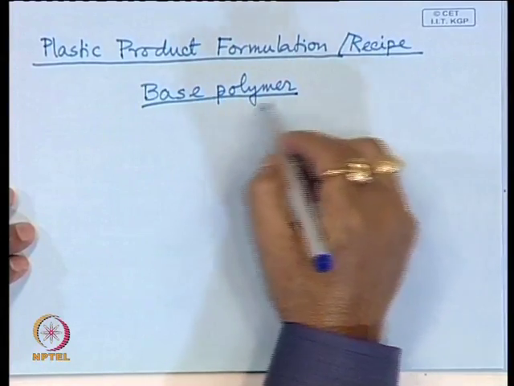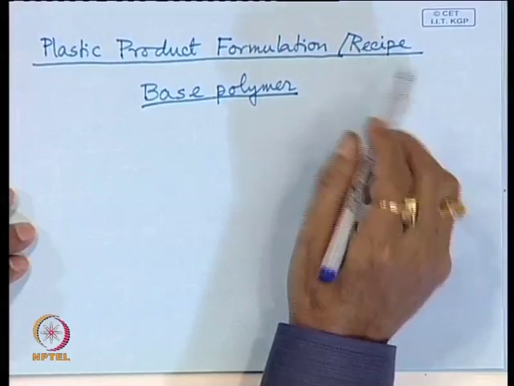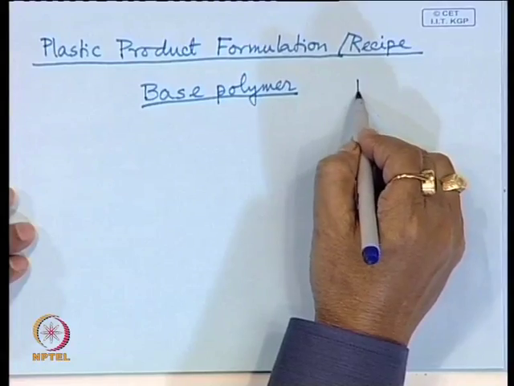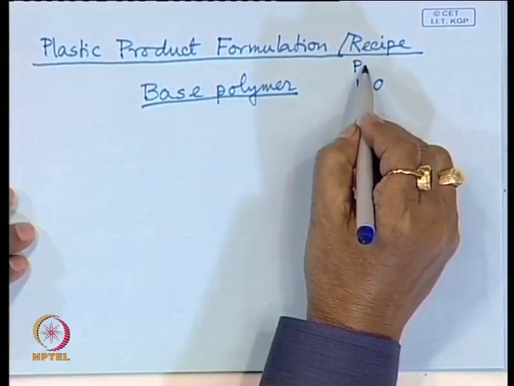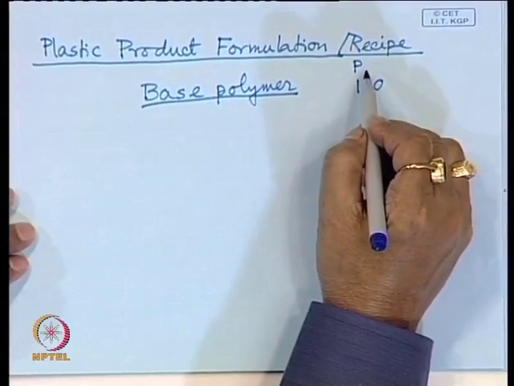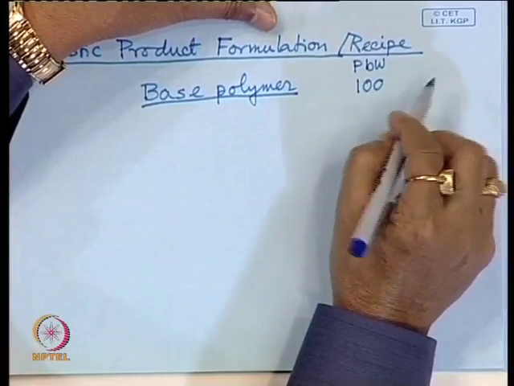So, if you consider this base polymer, say polyethylene, polypropylene, polyvinyl chloride, you take parts by weight, or PHR. In case of rubber products, we write parts per 100 parts of rubber, PHR. That is the convention. Here we can write PBW, parts by weight.